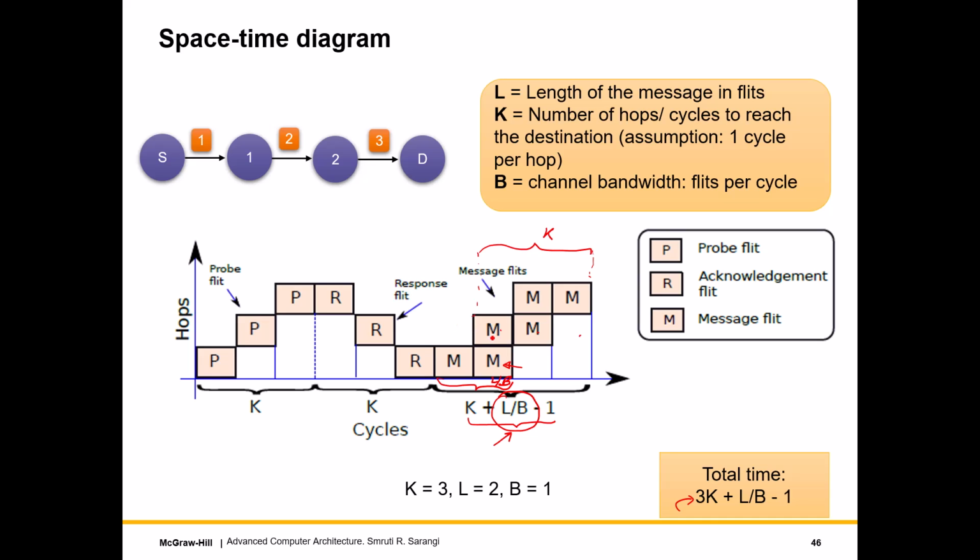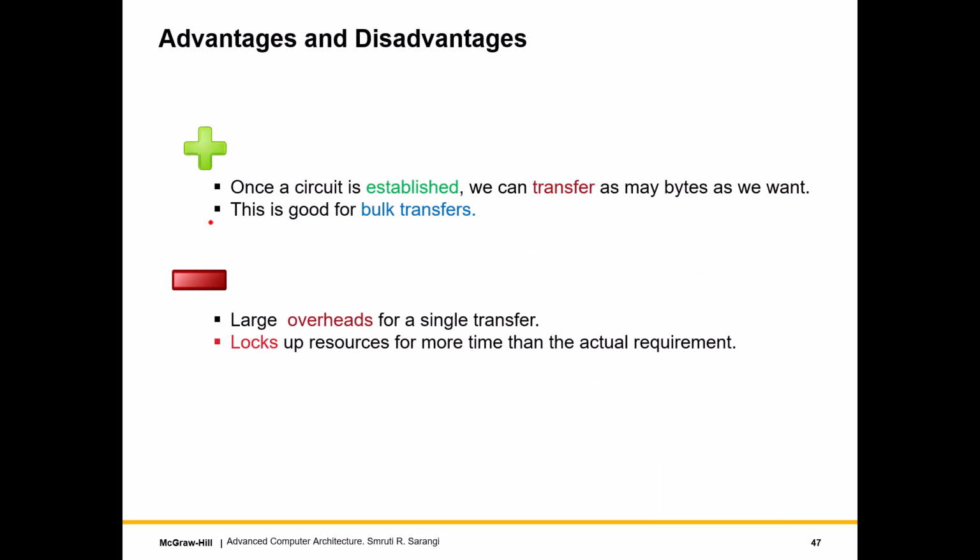But what we can clearly see is that this protocol in many ways is reasonably wasteful. Why is it wasteful? Once a circuit is established, we can do a lot of great things, but just to establish the circuit, which is the probe phase, the response phase, and then the message transmission phase, it takes quite a bit of time, 2k cycles.